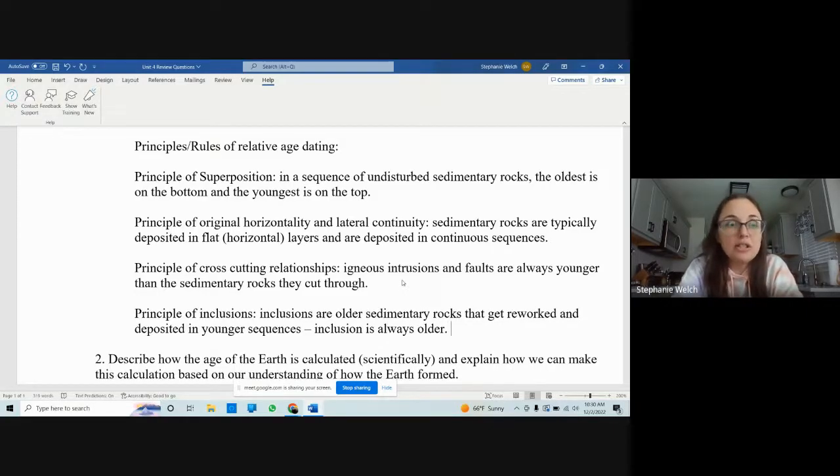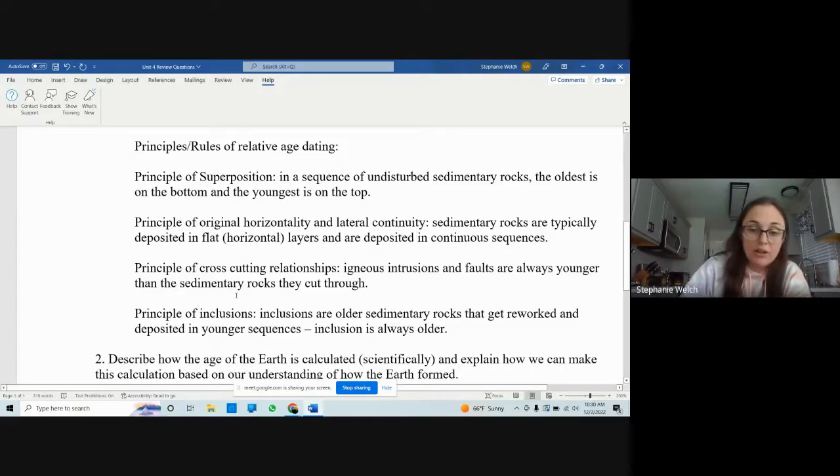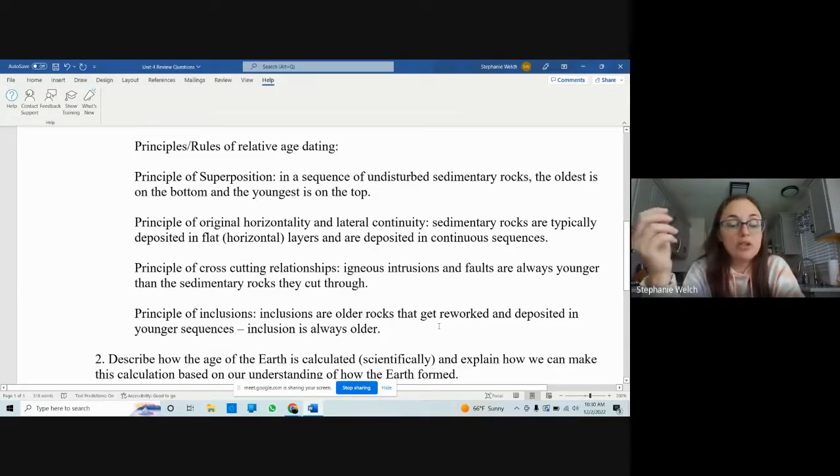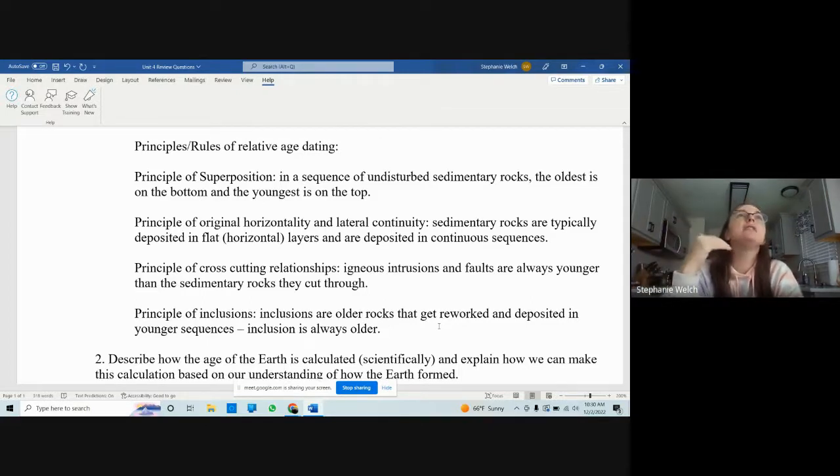The inclusion doesn't necessarily have to be sedimentary rocks. I know I said inclusions are older. Rocks, or more typically sedimentary rocks, are older and get reworked. So if you've got an inclusion of something older in a younger sequence of rock, that not only tells you about the age of the inclusion, it tells you about the age of that pre-existing rock that had gotten reworked.